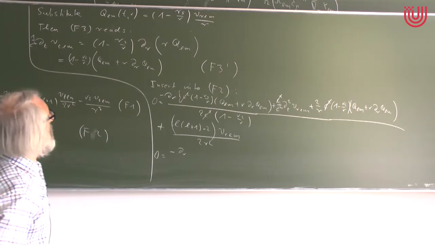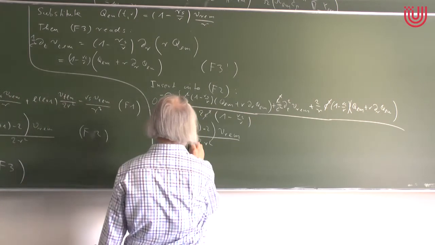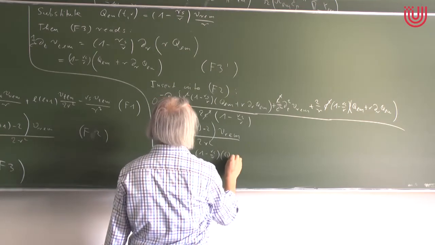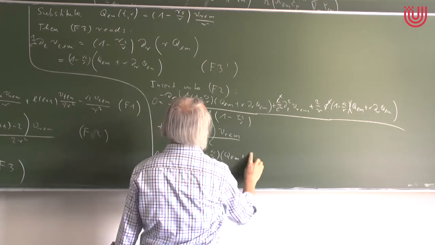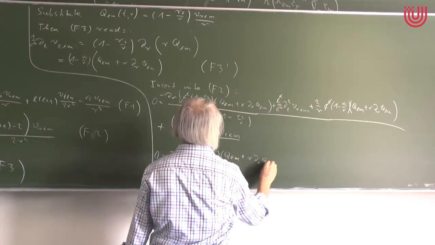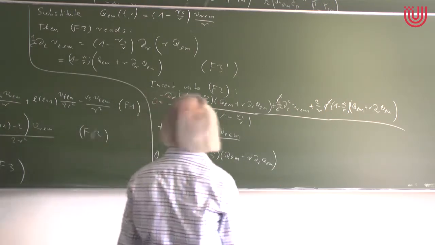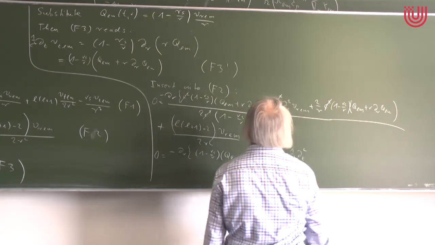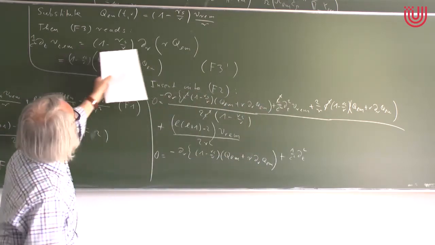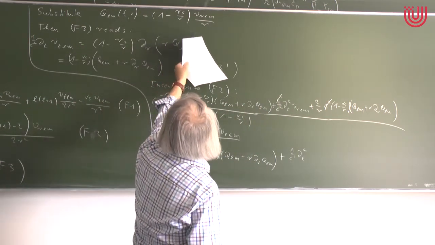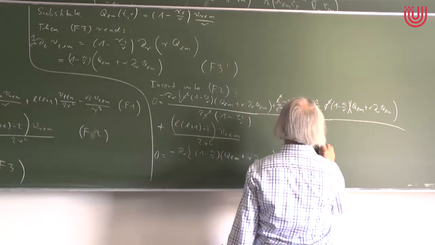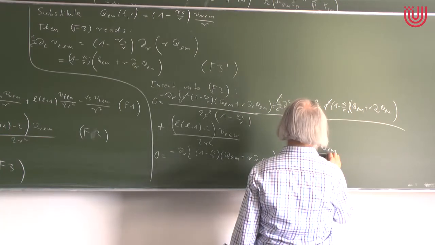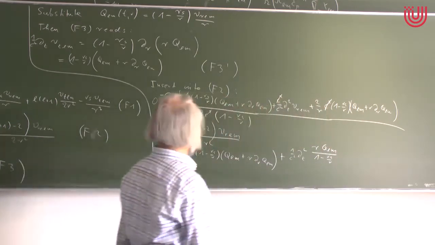Then I have minus d by dr of 1 minus rs over r, QLM, plus r dr QLM, plus 1 over c squared dt squared VRLM. And VRLM is r times q divided by 1 minus rs over r.